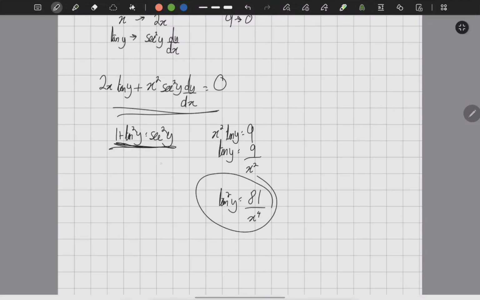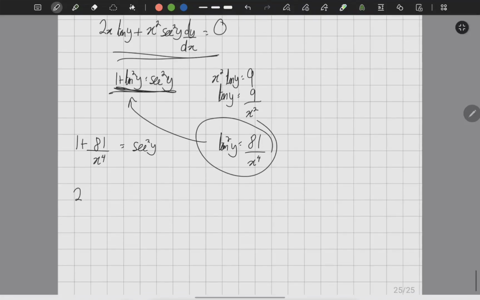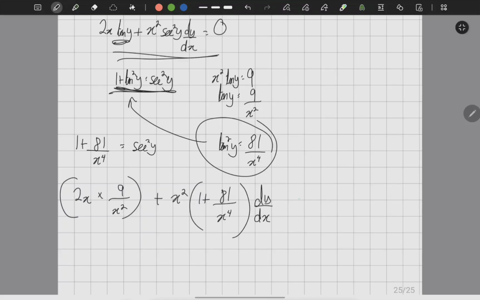So now we can sub this in. We would have 1 plus 81 over x to the 4 equal to our sec squared y. So we have our 2x times 9 over x squared because of our tan y. That's the first part, and our other part would be x squared lots of 1 plus 81 over x to the 4, and also our dy over dx, and this is equal to 0.